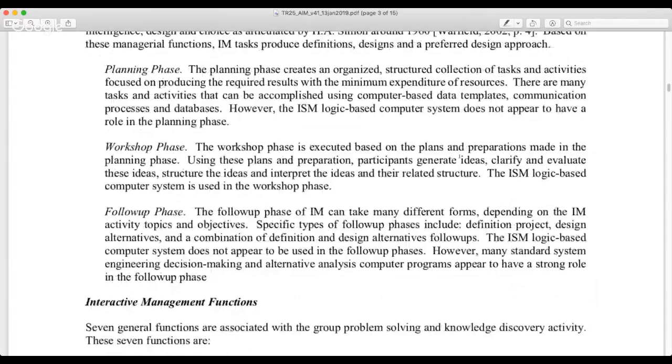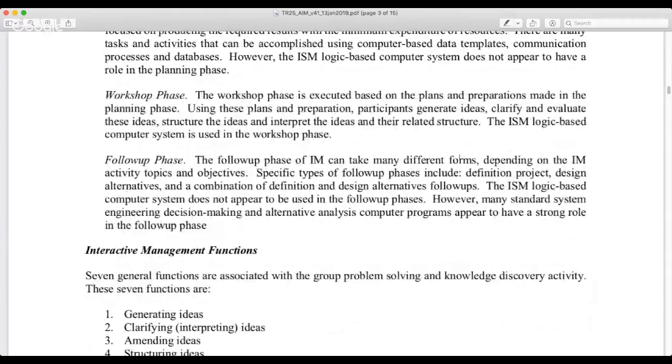Then out of that planning phase comes the workshop. And in the workshop phase, of course, is where the ISM logical-based computer system is used. It doesn't appear that the ISM logical-based computer system is used in the planning phase. And in the follow-up phase, it can take many different forms depending upon the objective.